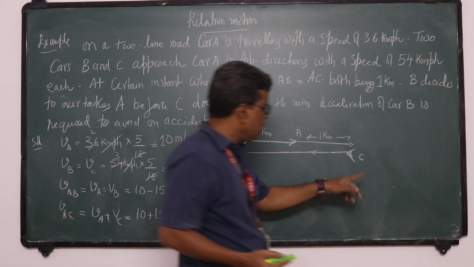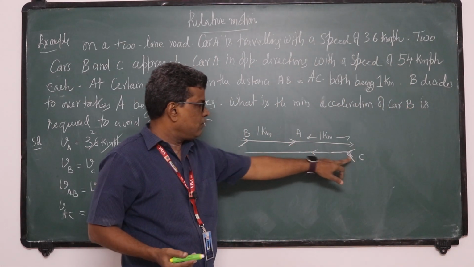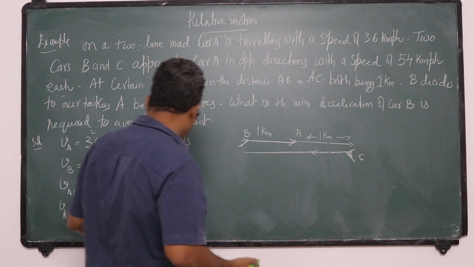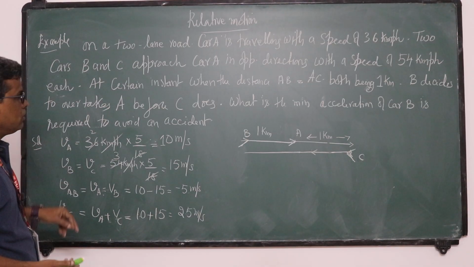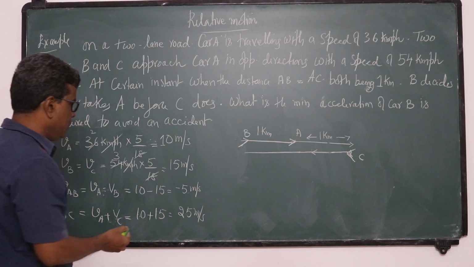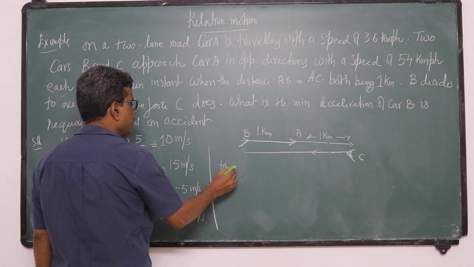So if car C overtakes A, how much time does it take to travel this 1 kilometer?